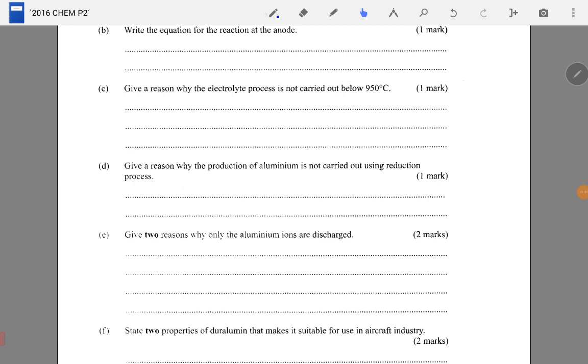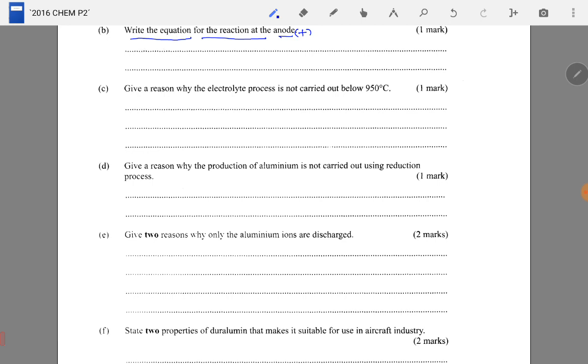Write the equation for the reaction at the anode. So looking at the anode, because this is the electrode connected to the positive terminal, what migrates there?